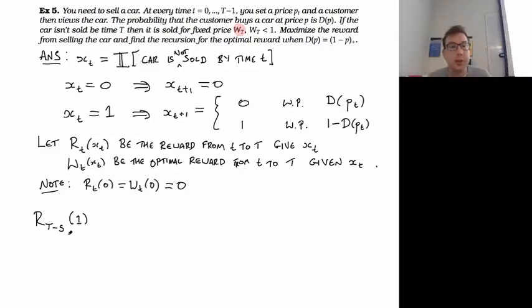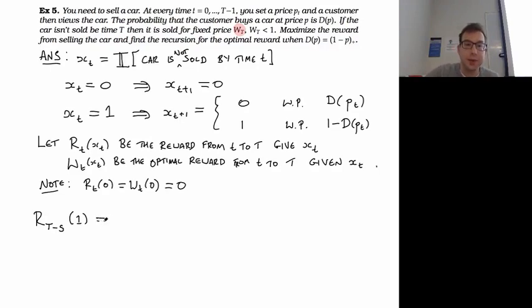So, from this point until the next round, two things can happen in the next time unit. Either I sell the car or I don't sell the car. So, what's the probability I sell the car?